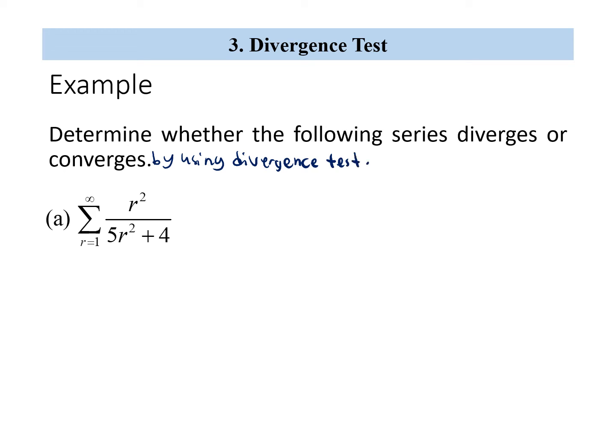Okay, so now what we have here is the summation of r^2 over 5r^2 plus 4, as r equals 1 up to infinity. Then we have to find the limit of the series. So we write down again our r^2 over 5r^2 plus 4, where r is approaching infinity.